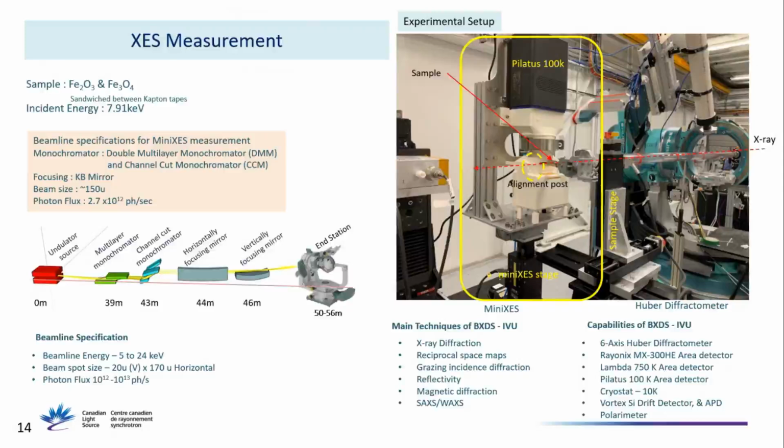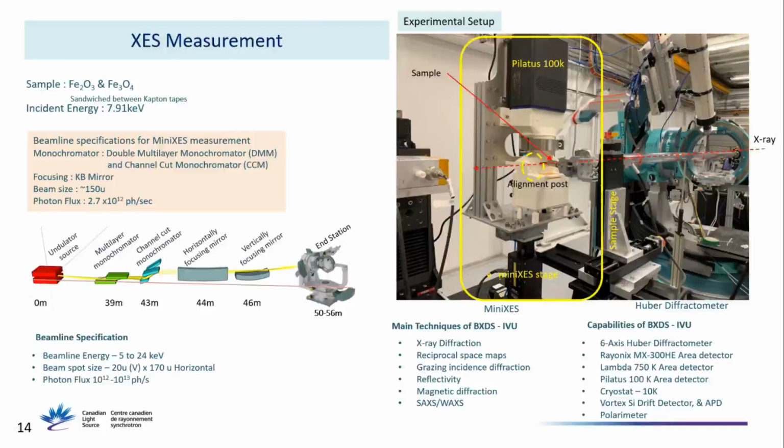Also, I forgot to tell you this. The main techniques in the BXDS undulator beamlines are mostly X-ray diffraction, reciprocal space mapping, grazing incidence diffraction, reflectivity, and magnetic diffraction. WAXS and SAXS can also be done.